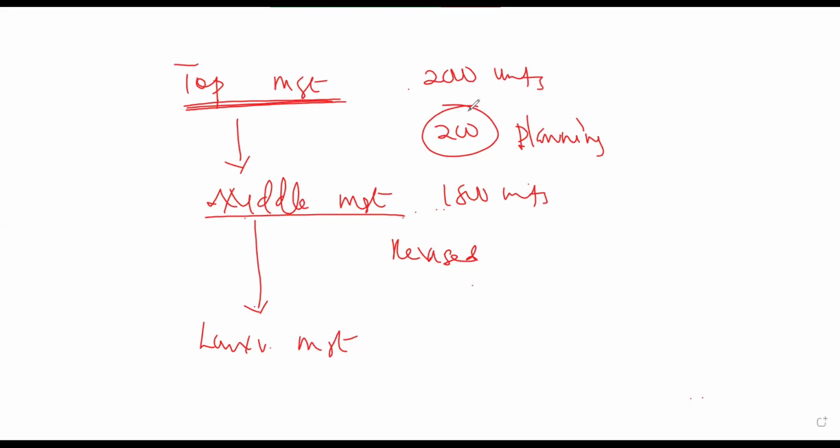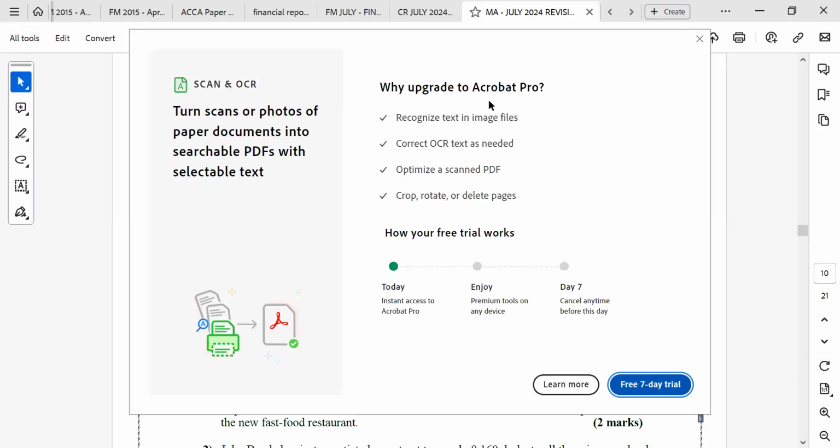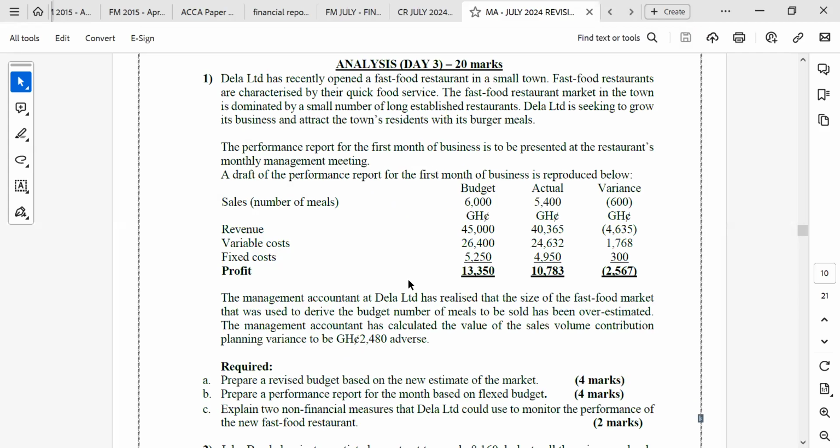It's a very simple question, but you need to be very critical to be able to resolve issues around that. This 6,000 over here is the budget at the top level.